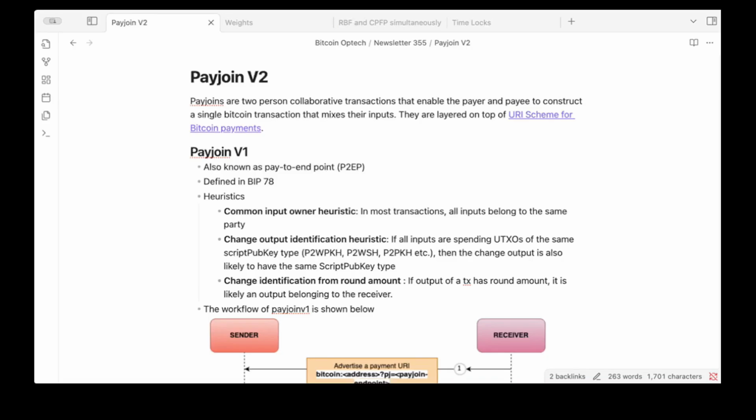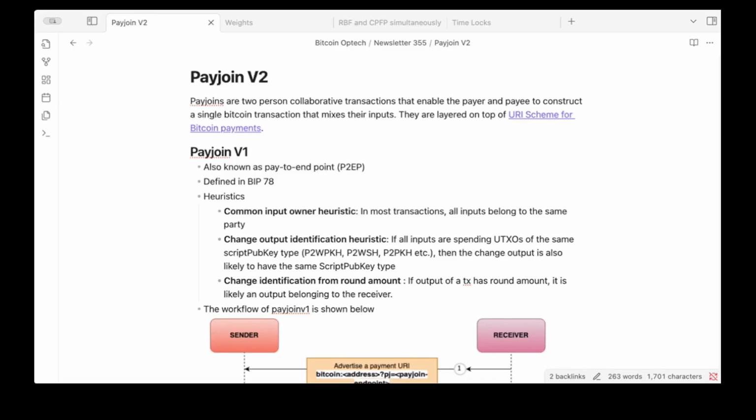So for example, if you have an input of say pay to public key hash type, let's say you have two UTXOs and then you are making a payment and the payee is receiving it in a pay to script hash type output. And the change will be in pay to PKH type.